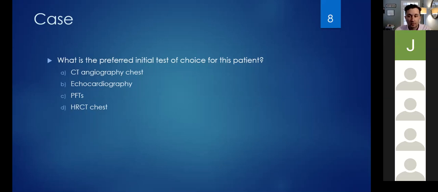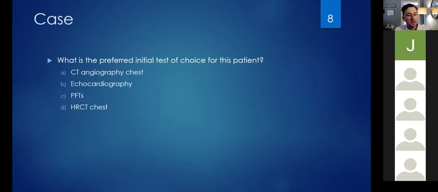Your answers are CT angiography of the chest, echo, PFTs, and a high-res CT. Okay, it looks like everybody wants to start with an echo.